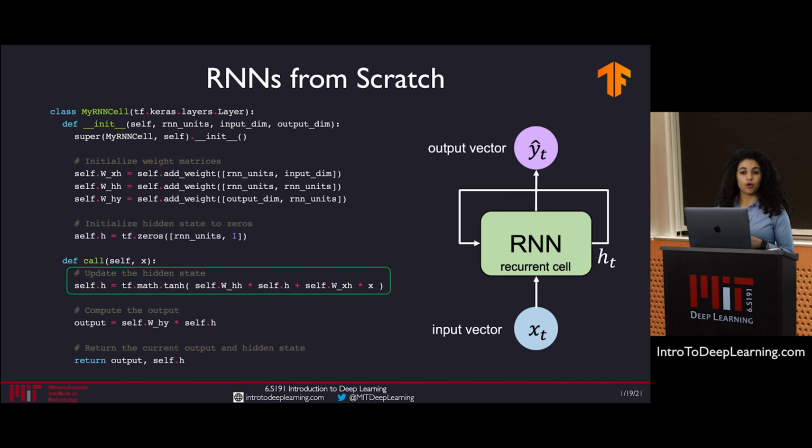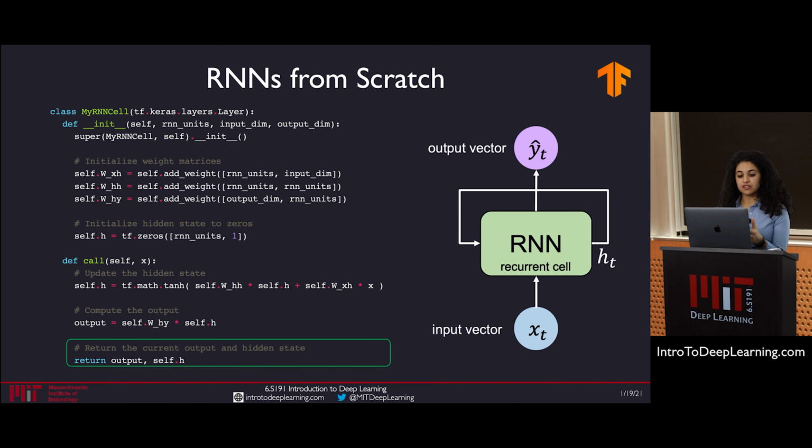Our first step in this forward pass is going to be to update the hidden state, according to that same exact equation we saw earlier, where the hidden state from the previous time step and an input x are multiplied by their relevant weight matrices, are summed, and then passed through a nonlinear activation function. We next compute the output by transforming this hidden state via multiplication by a separate weight matrix, and at each time step, we're going to return both the current output as well as the hidden state.